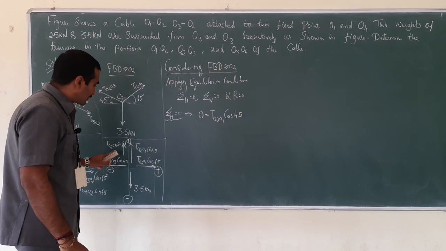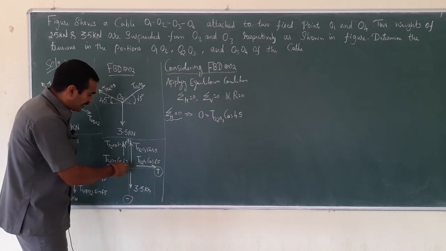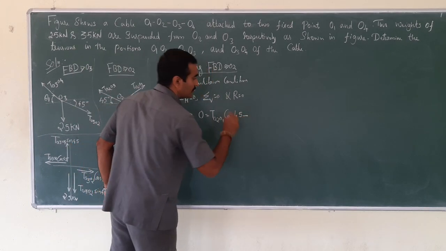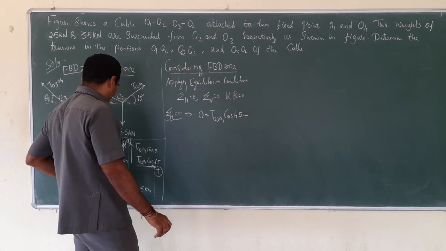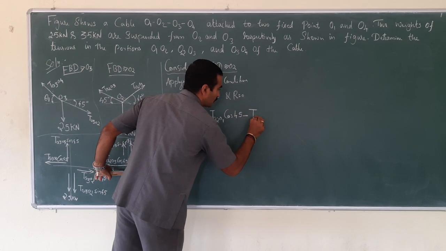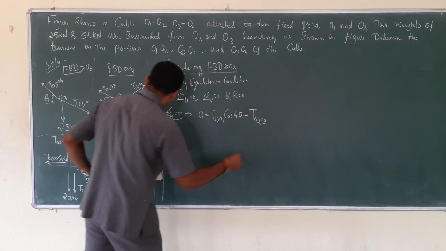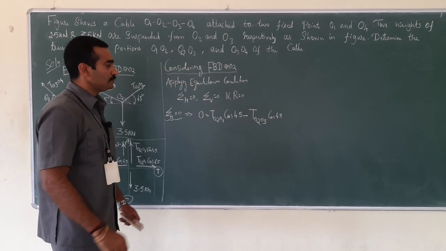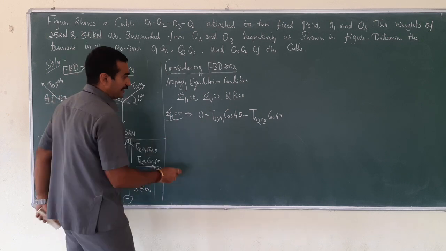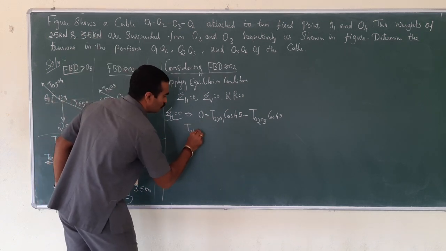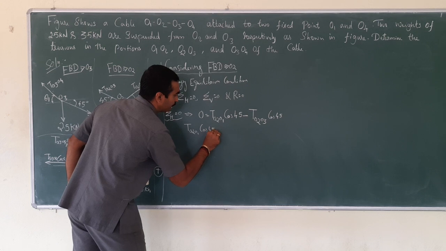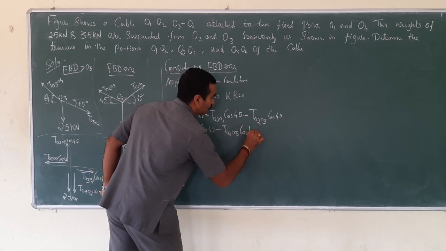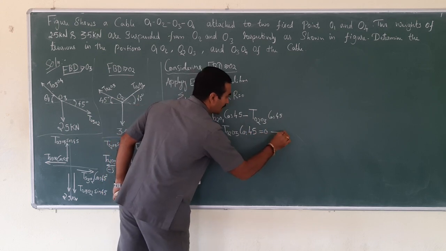Let me just move to the second quadrant, wherein a force is acting in the negative x direction, which will carry the sign convention negative, and the magnitude is T O2 O3 cos 45. Got it? So let me just rewrite this as T O2 O1 cos 45 minus T O2 O3 cos 45 equal to 0 as equation number 1.